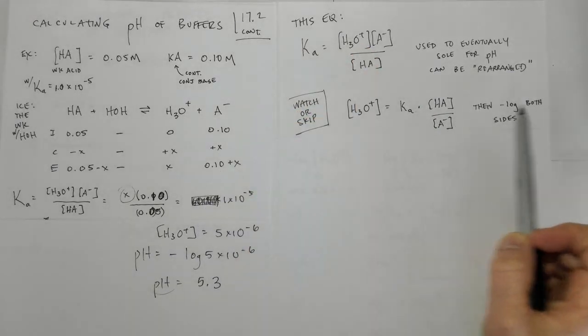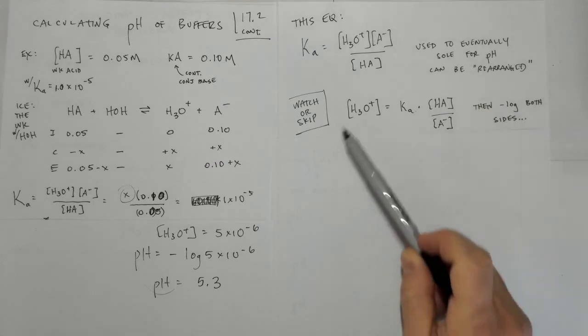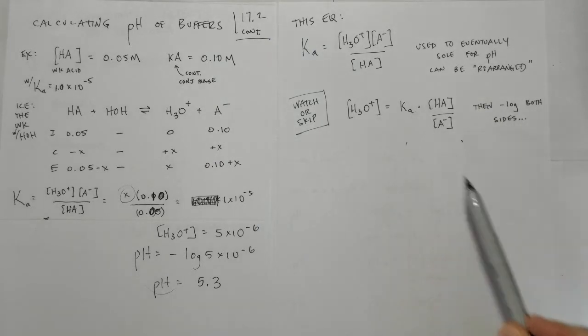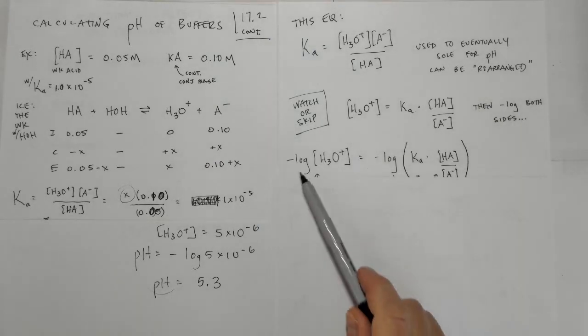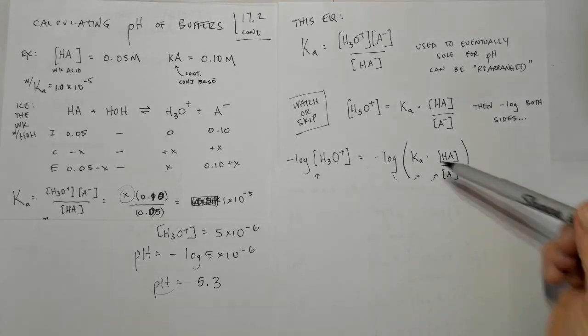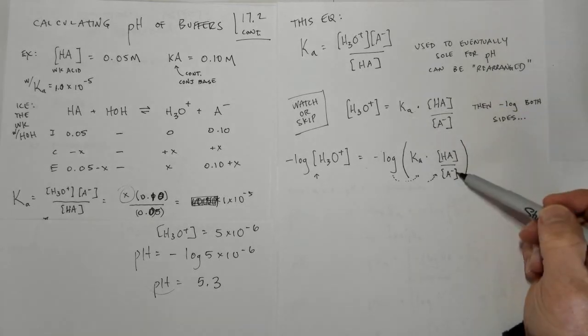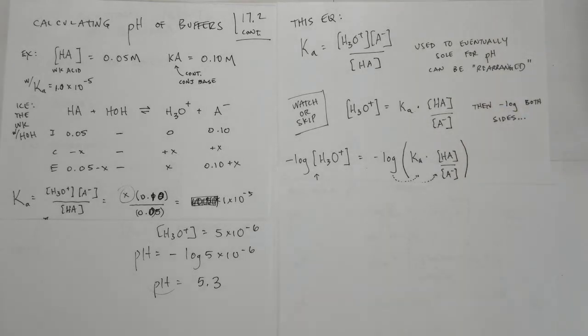And then I'm going to take the negative log of both sides. So when I take the negative log of this side and the negative log of this side, I end up with the negative log of H3O plus on this side and the negative log of this entire quantity over here on this side. Now, this negative log of H3O plus has a new name. It's also known as the pH.